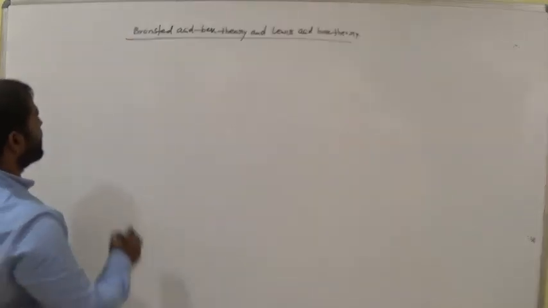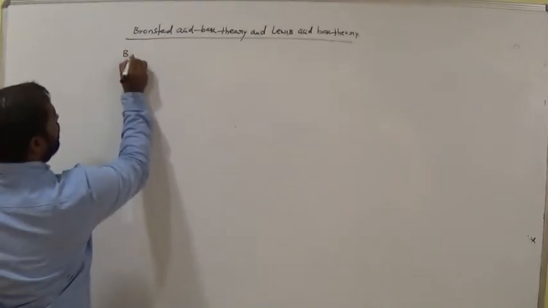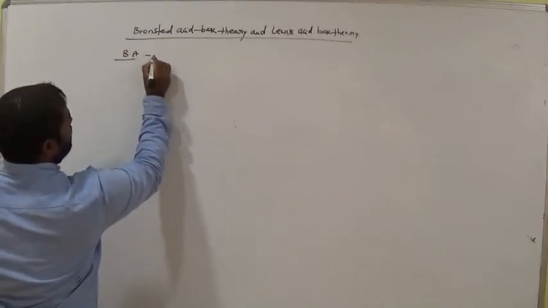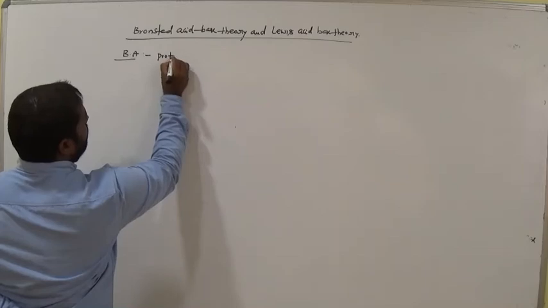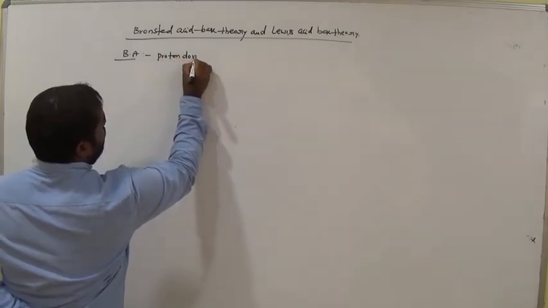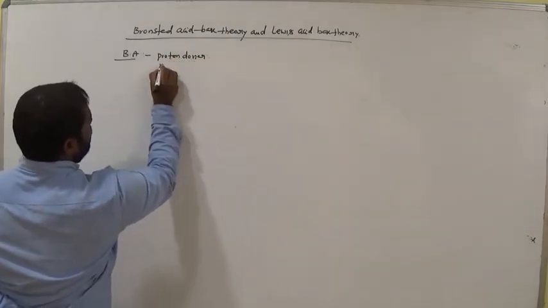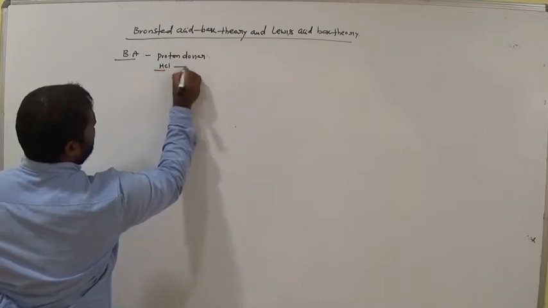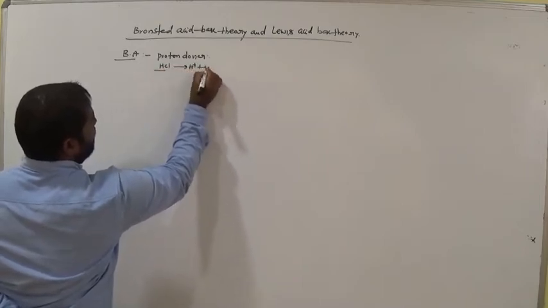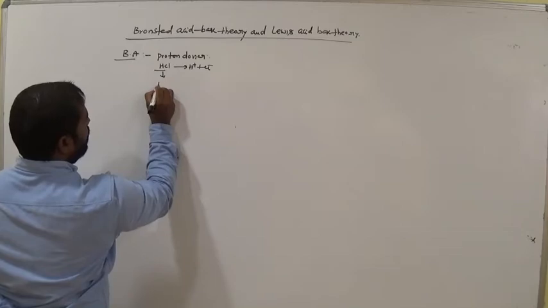So tell me, what is a Bronsted acid? A Bronsted acid is a proton donor. For example, HCl gives H plus and Cl minus. So it is called a Bronsted acid.